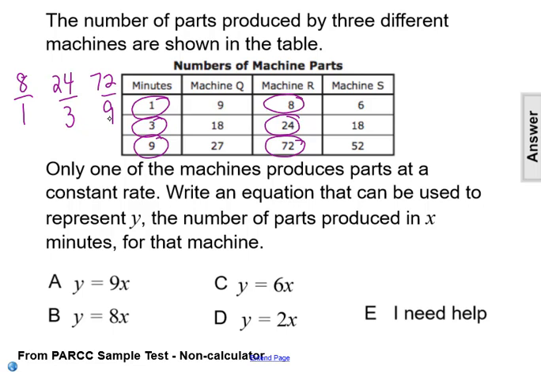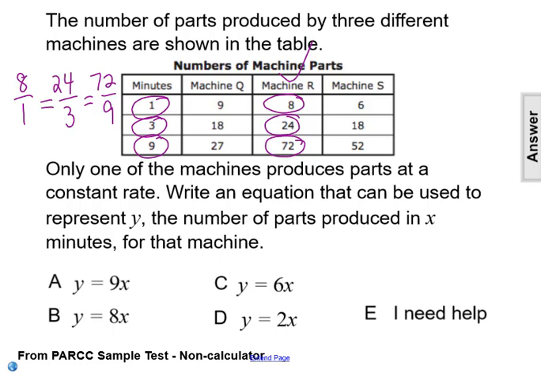And lo and behold, they are equal. 8 over 1 equals 24 over 3 equals 72 over 9. They all equal 8. So machine R is producing parts at a constant rate. The ratios are the same for minutes 1, 3, and 9 with the amount of parts it's producing.